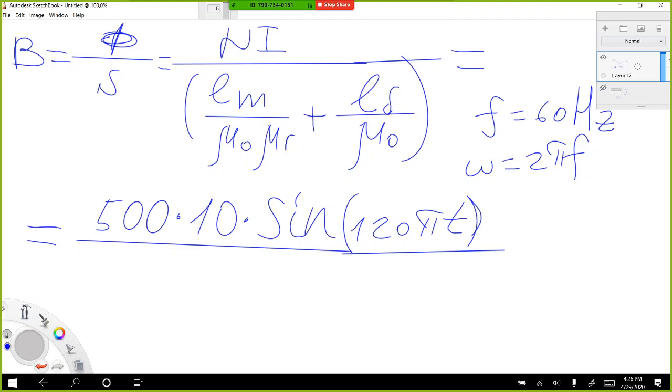And divided by the length of the iron legs.